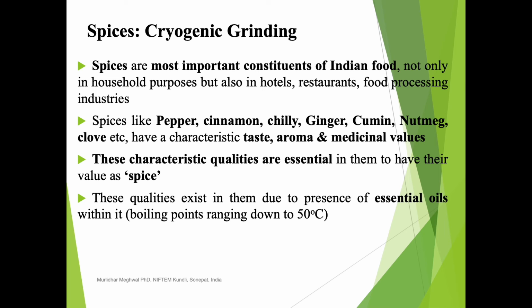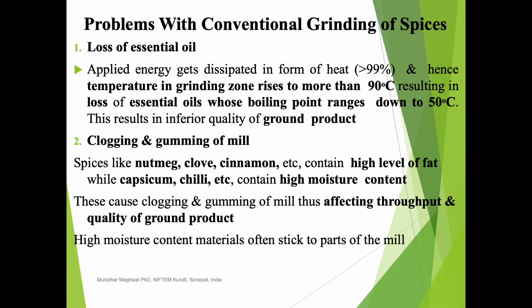These characteristic qualities are essential for their value as spices, and these qualities exist in them due to the presence of essential oil within them, holding a boiling point below 50 degrees Celsius. That's important, but we discussed that conventional grinding temperature may reach up to 93 degrees Celsius, which may deteriorate the quality.